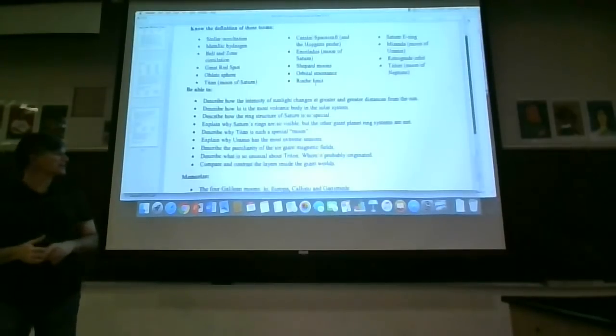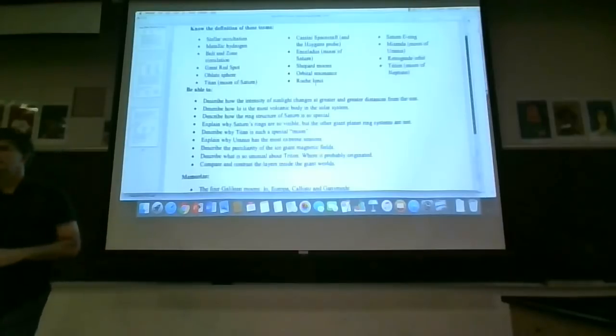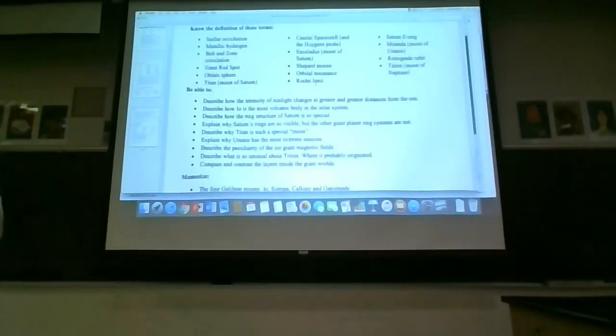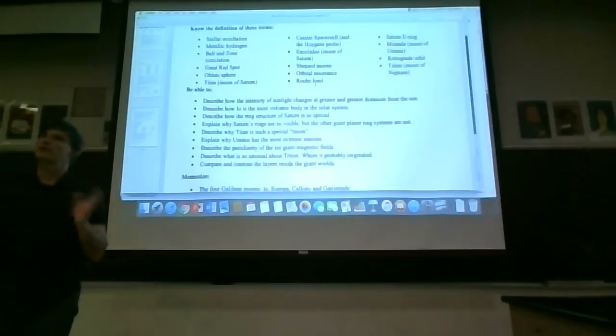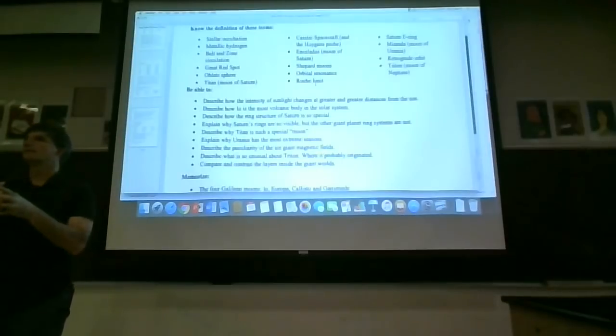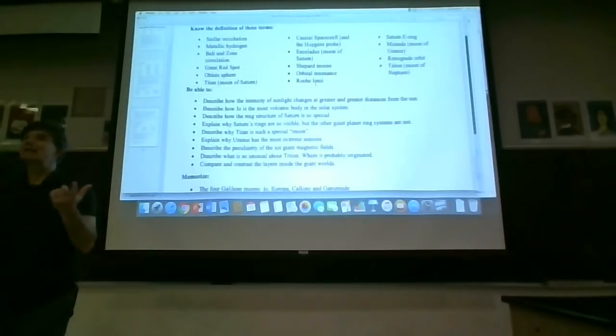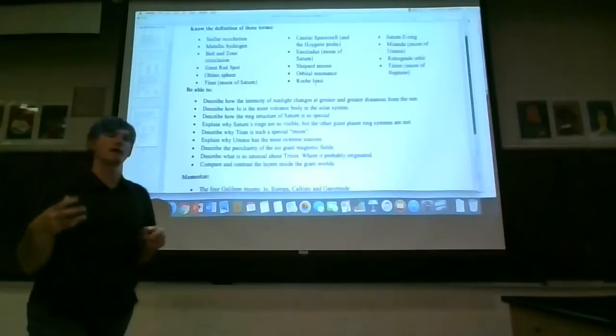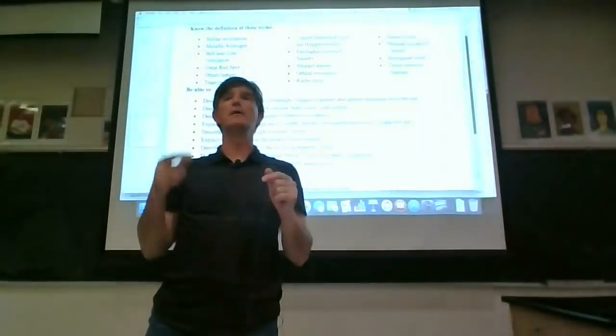Compare and contrast the layers inside the giant worlds. So what do they all have at the center? A core. Do they have a rocky metal core? Sure, they do. But what's the big difference between the gas giants and the ice giants? The amount of hydrogen and helium, which also leads to the amount of mass, which leads to the amount of pressure.